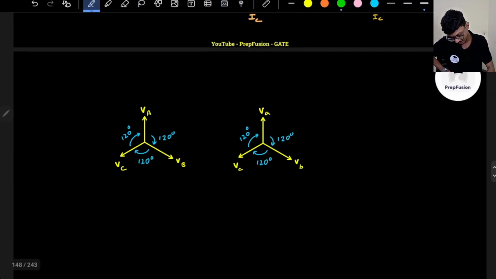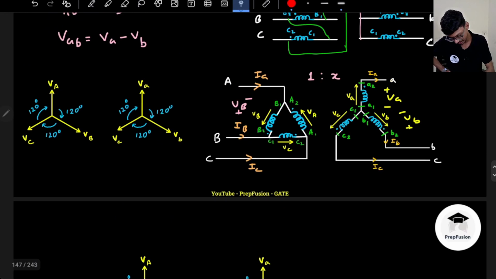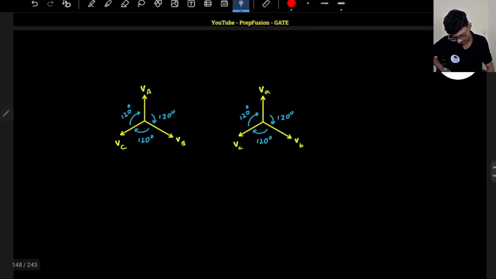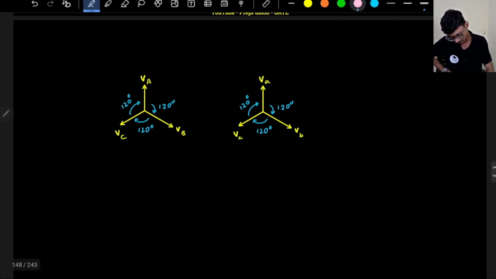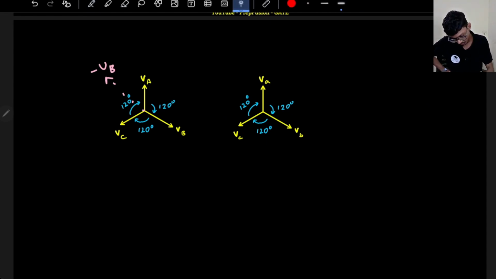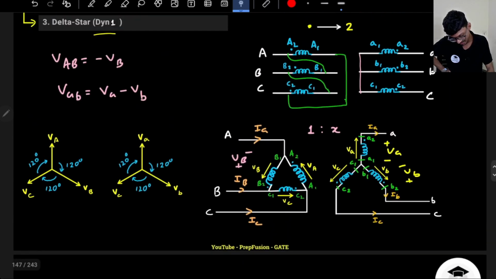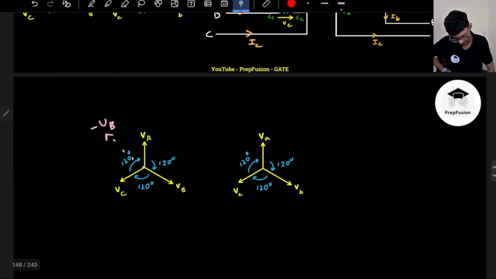Capital VAB is minus of VB, so minus of VB is here. And what about small VAB? Small VAB is VA minus VB, so VA minus VB will be somewhere here.